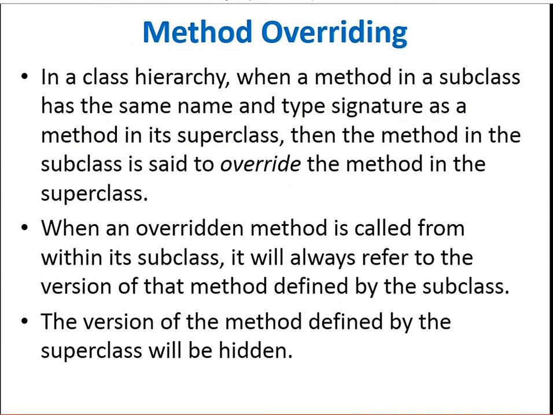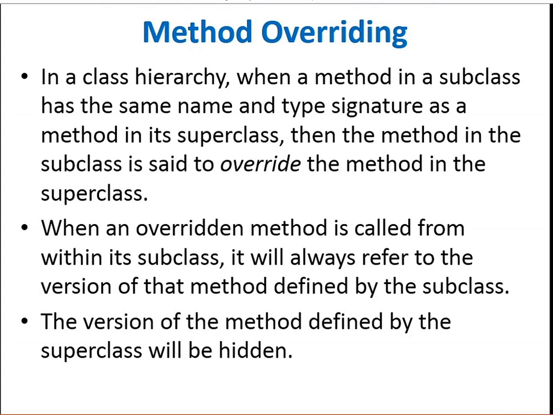What is method overriding? Let's discuss that a little. In a class hierarchy in Java, when a method in a subclass has the same name and type signature as a method in a superclass, then the method in the subclass is said to override the method in the superclass.